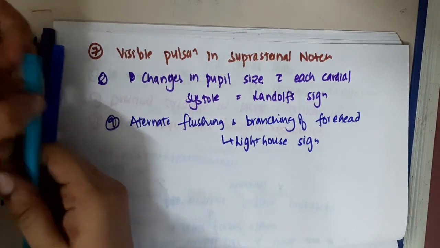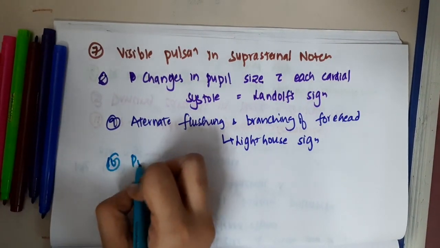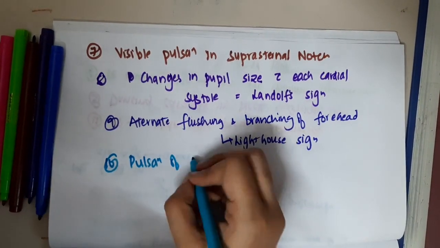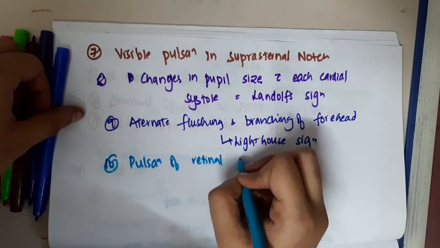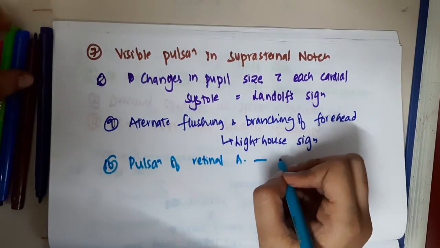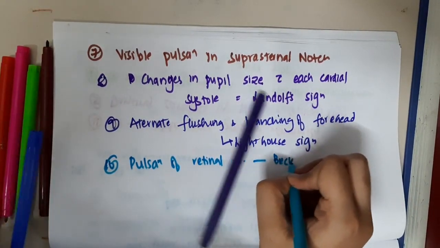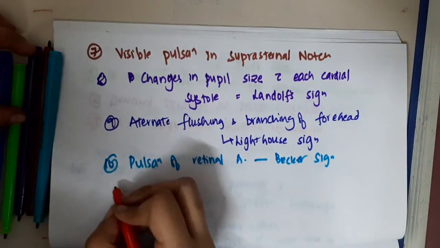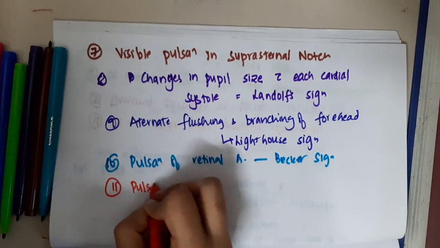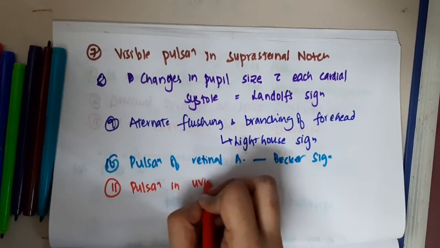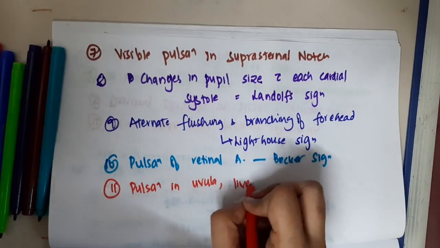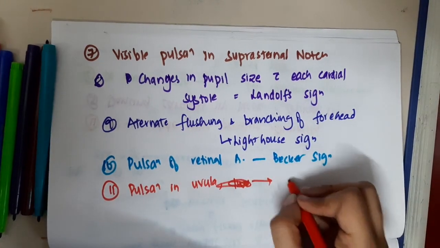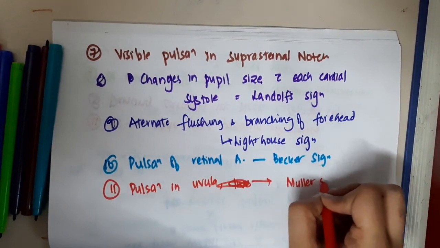Okay, then the patient can also have pulsations of the retinal artery. This is called Becker's sign. Then there can be 11th, pulsations in the uvula, which is called Muller's sign.